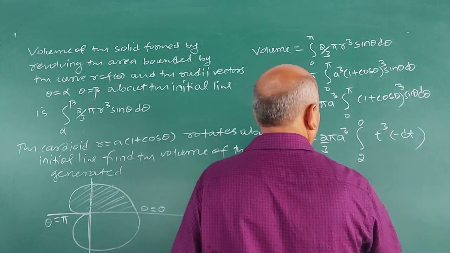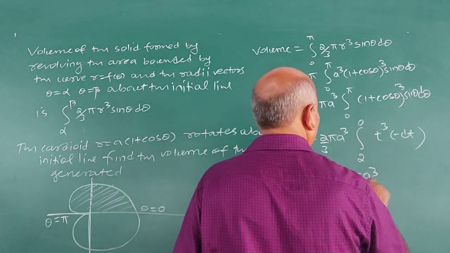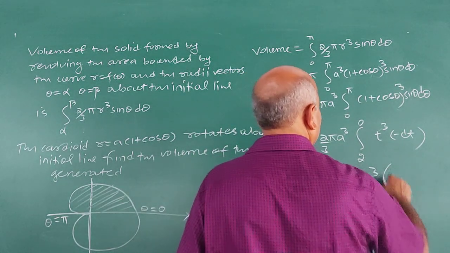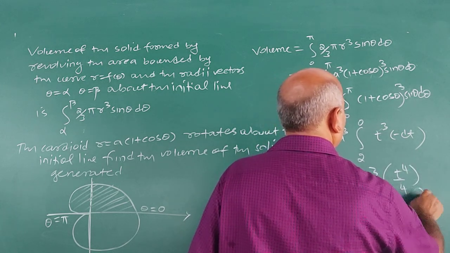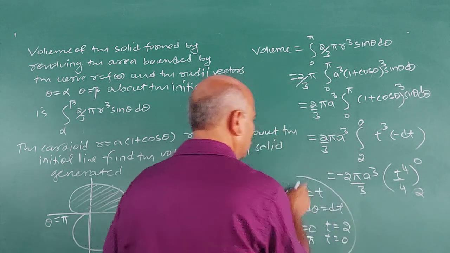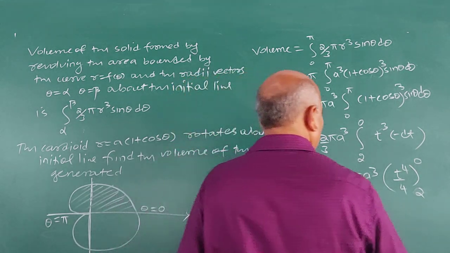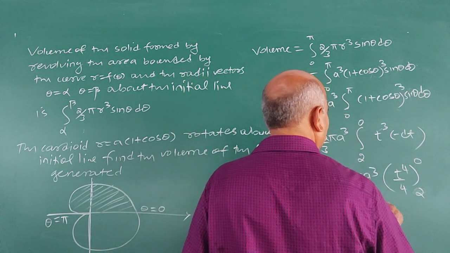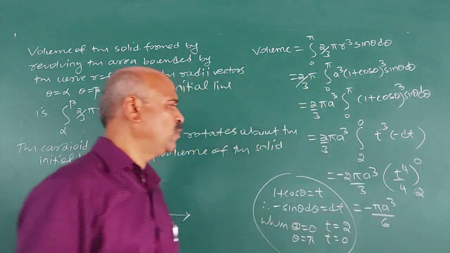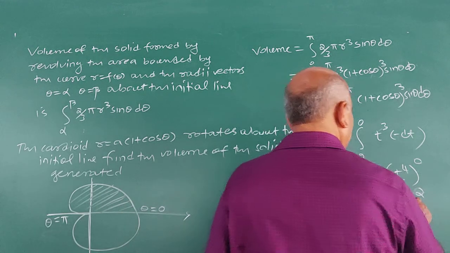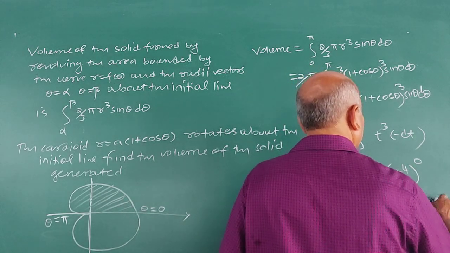It is therefore 2 pi a cube upon 3 times minus t raised to 4 by 4, from 2 to 0. This is the substitution. So minus pi a cube upon 6, times 0 minus 2 raised to 4.